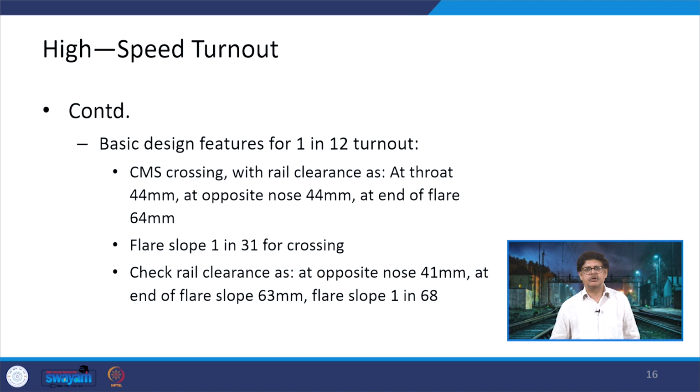Then CMS crossings with rail clearances as 44 mm at the throat, 44 mm at the opposite nose, and at the end of the flare it is 64 mm. The slope is 1 in 31 at the crossing, and the check rail clearances are 41 mm at the opposite nose, and at the end of the flare it is 63 mm, and here the flare slope is taken as 1 in 68.